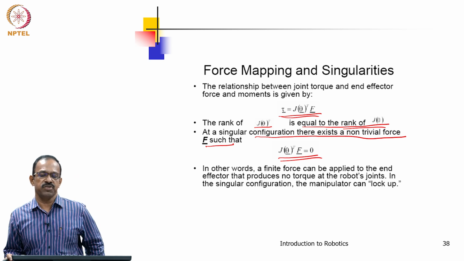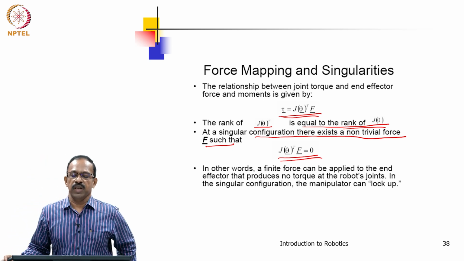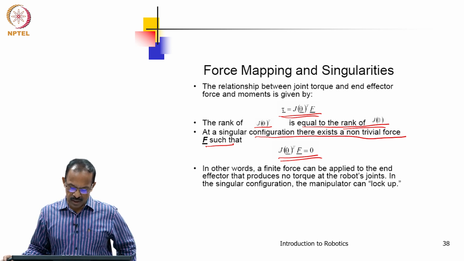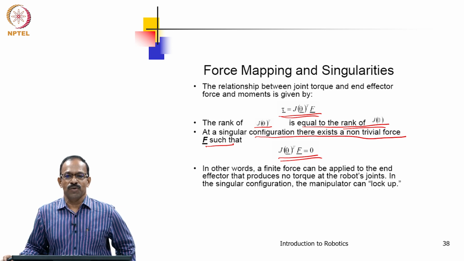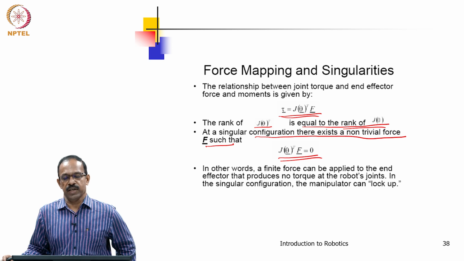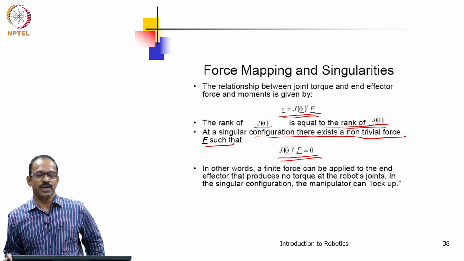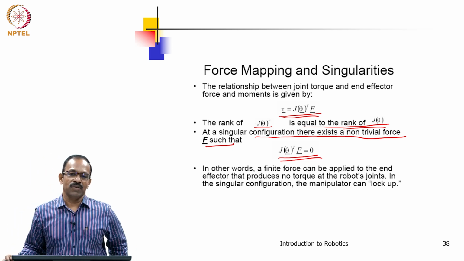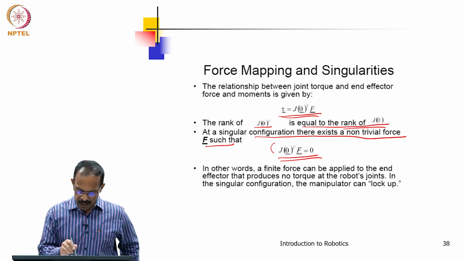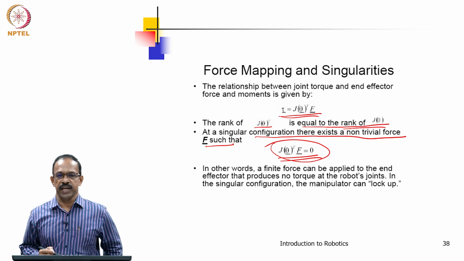There may be a situation when J transpose F is equal to 0, that is, the torque at the joints will be 0 for any force acting at the end effector, or the other way, any torque applied cannot produce a force at the end effector. That kind of situation is known as a force singularity.